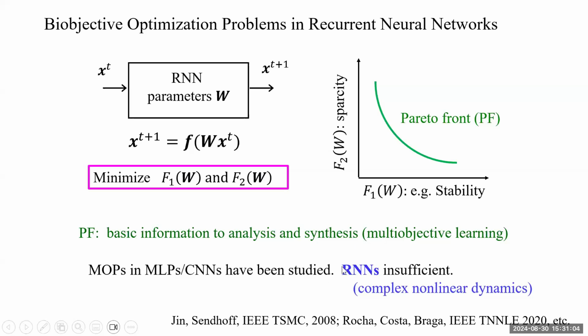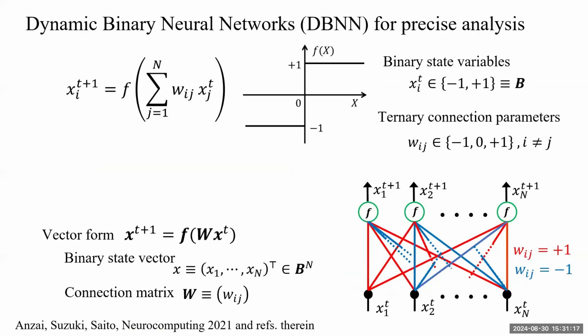Anyway, RNNs are hard to consider for MOPs, so we use a simplified system. The dynamic binary neural networks, DBNN, for precise analysis of the MOP. This network is our original system.